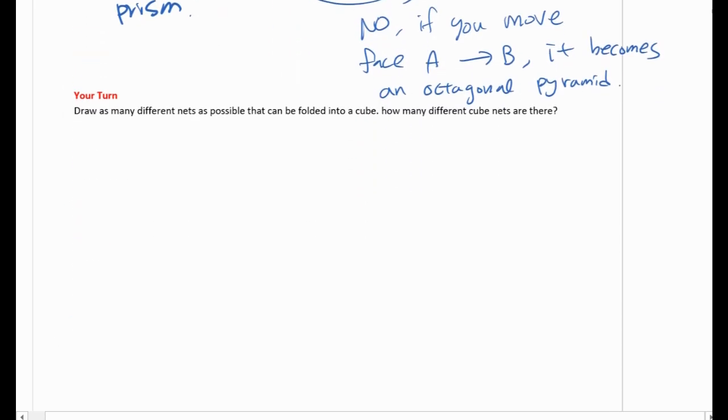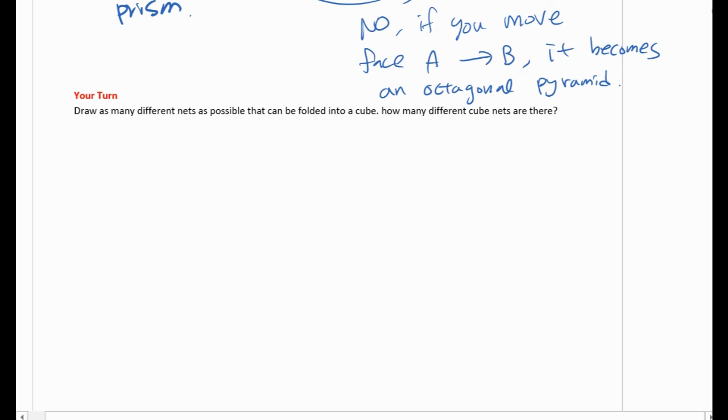The last question. Draw as many different nets as possible that can be folded into a cube. How many different cube nets are there? There are many ways of drawing nets of a cube. I want you to pause the video and try this by yourself. And draw as many as possible. Alright, everyone, how many nets have you found?